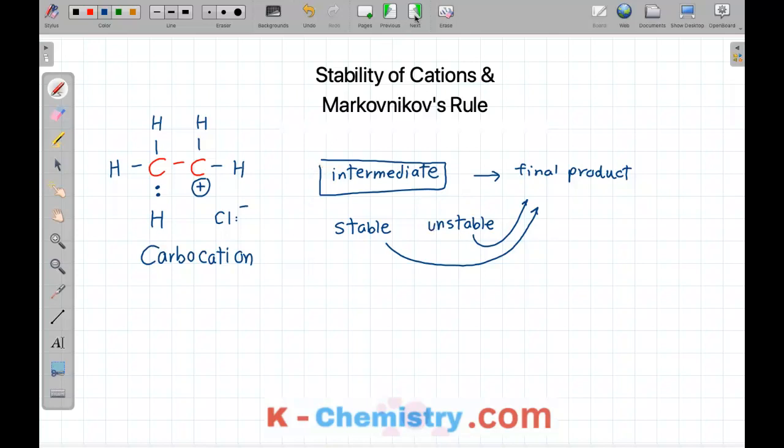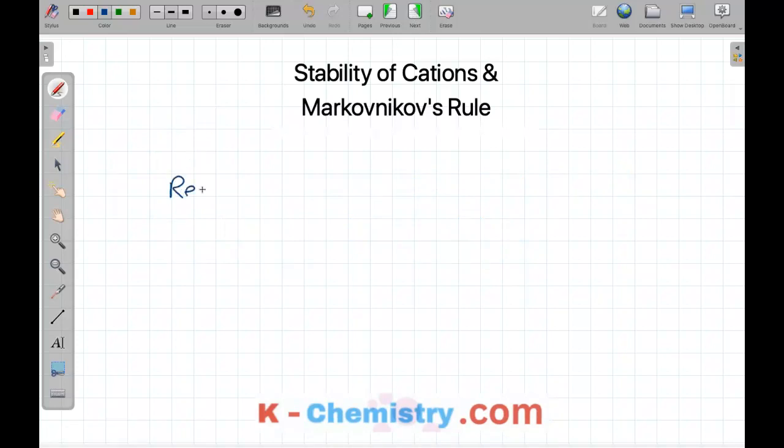If I have one reactant which has 2 options of different carbocations, as we explained the last time, if you have 3 carbons, for example, then I have 2 options here. The carbon will be attached to the H, and this one forms the carbocation.